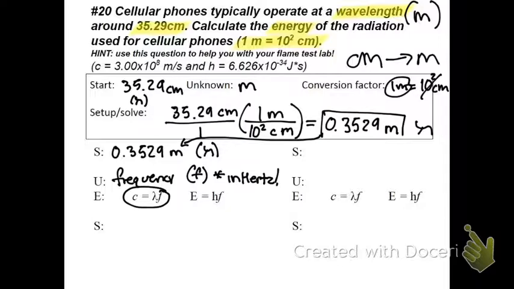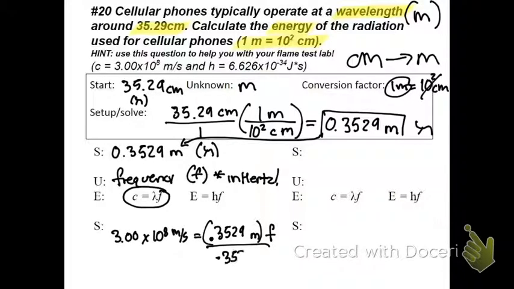The speed of light in a vacuum is 3.00 times 10 to the 8th meters per second. We have the wavelength, that is 0.3529 meters times frequency. Divide both sides by 0.3529 to get f by itself.